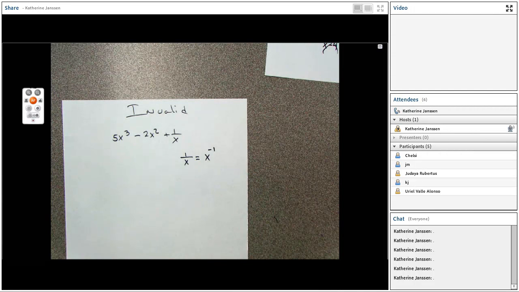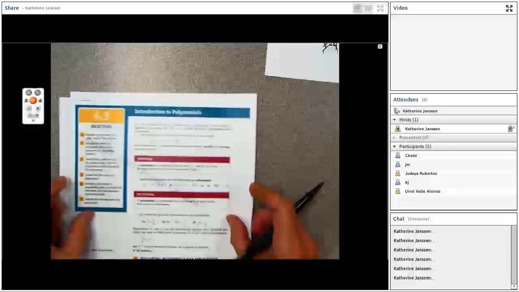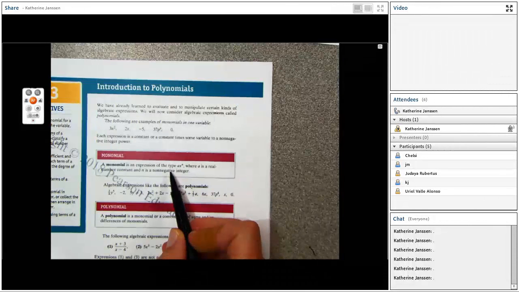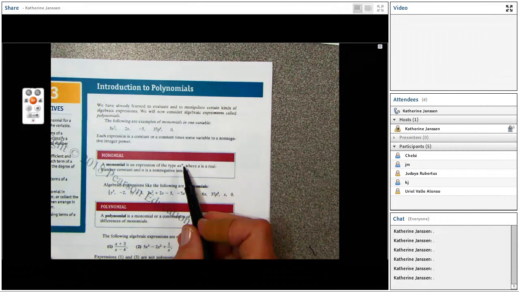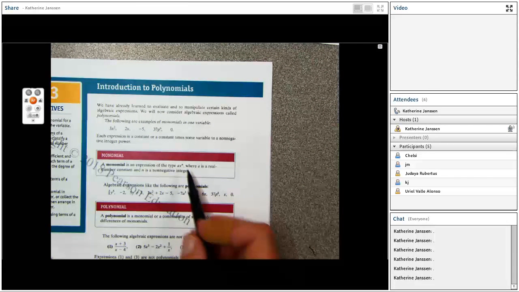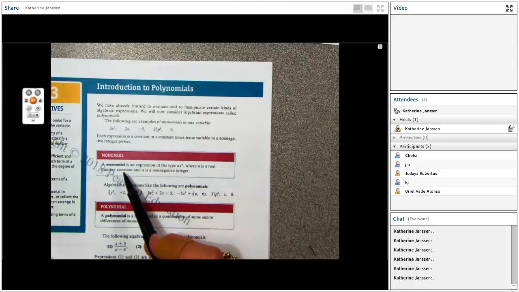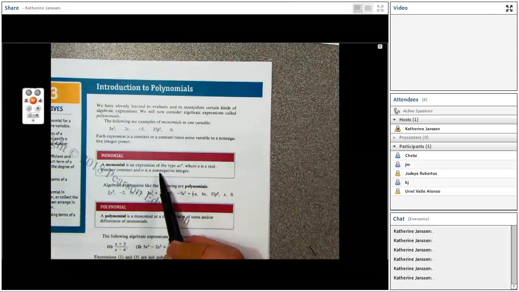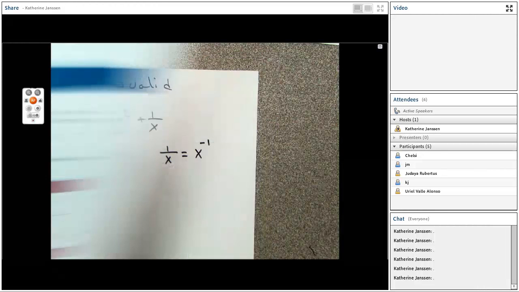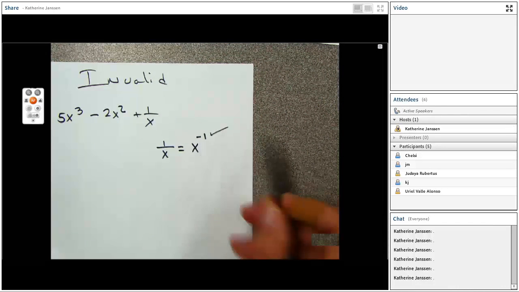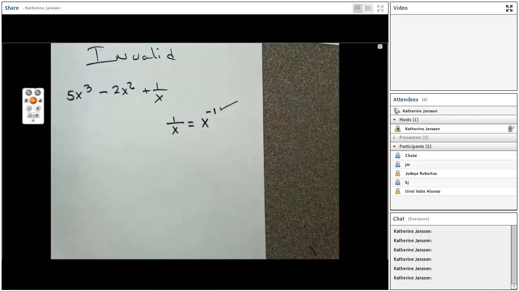And our definition of monomial says a monomial is an expression of the type a times x to the n, where a is any real number constant, and n is a non-negative integer. So that is invalid as a polynomial.